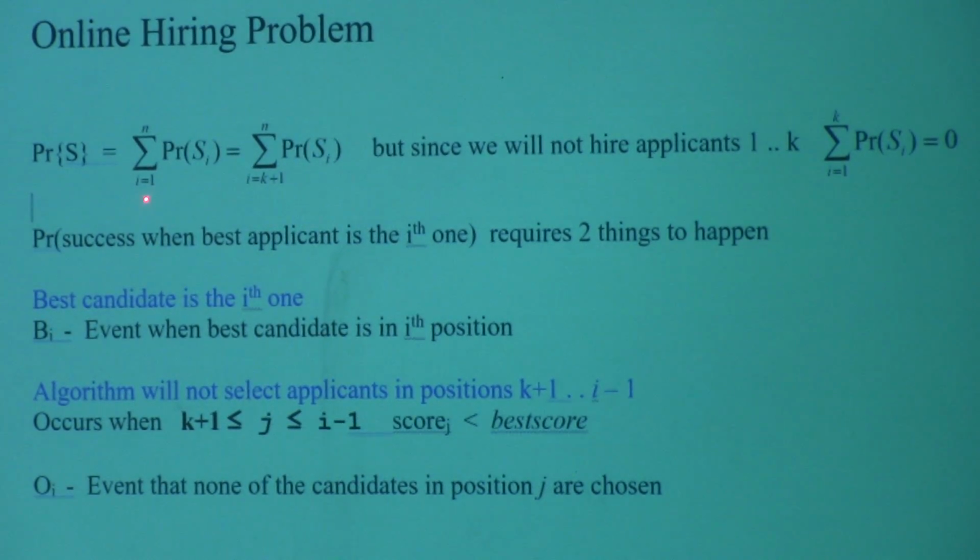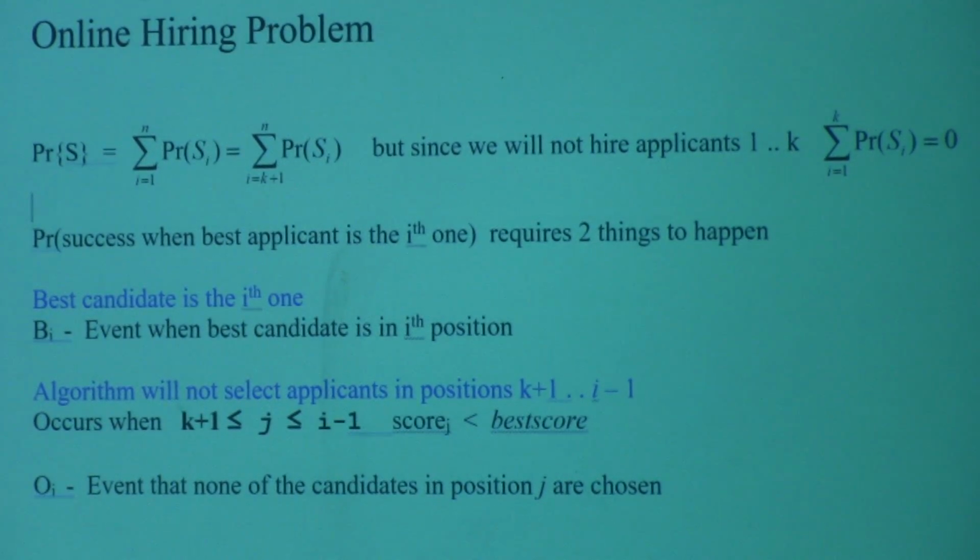So why is the sum from i equals 1 to n of P of S sub i equal to the sum from i equals k plus 1 to n of P of S sub i? Because we're never going to hire them. If the best person is person 1, what's the probability of hiring them? 0.